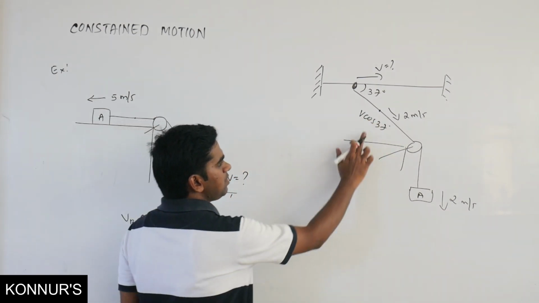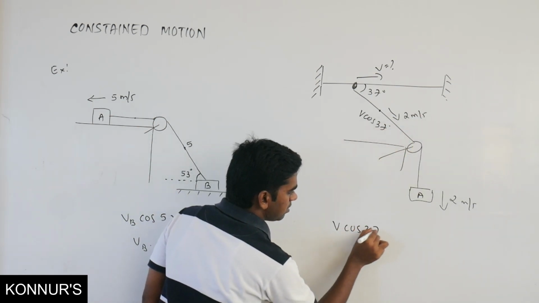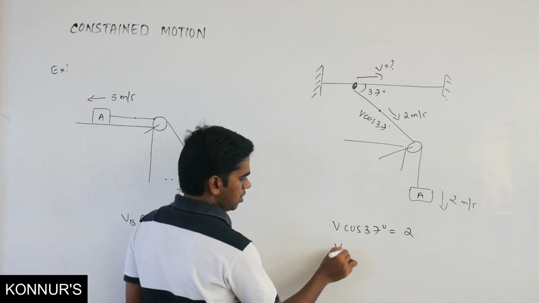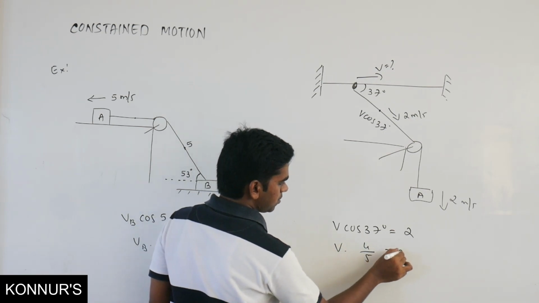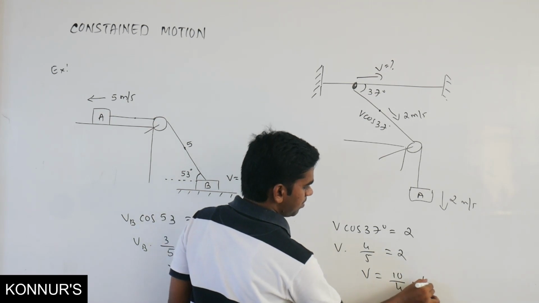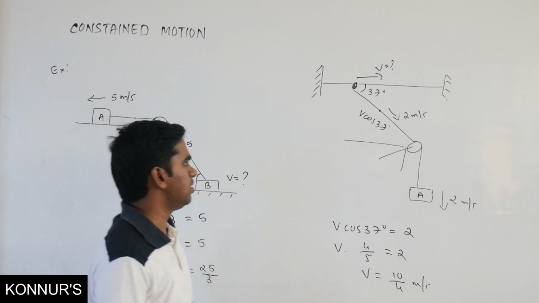So V cos 37 degree is equal to 2 meter per second. Cos 37 is 4 by 5, so V cos 37 equals 2, and V equals 10 divided by 4 meter per second. This is how we can solve the constraint problems.